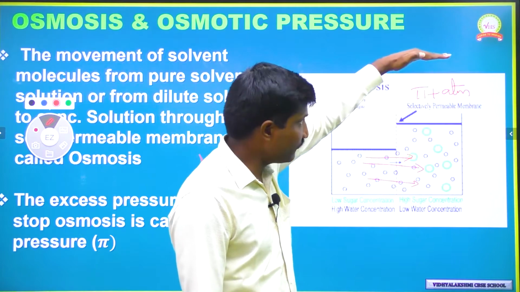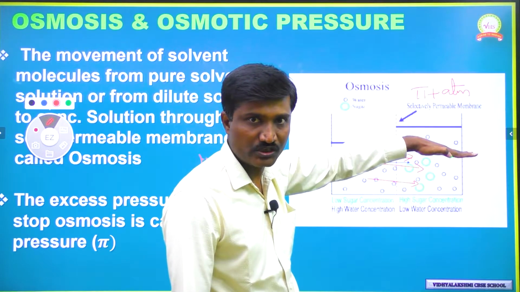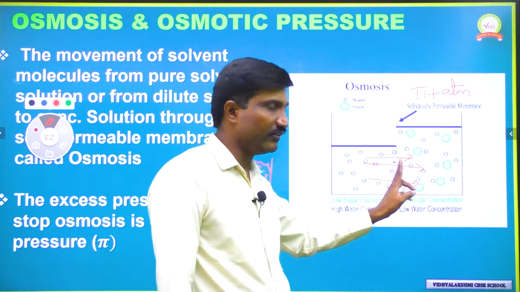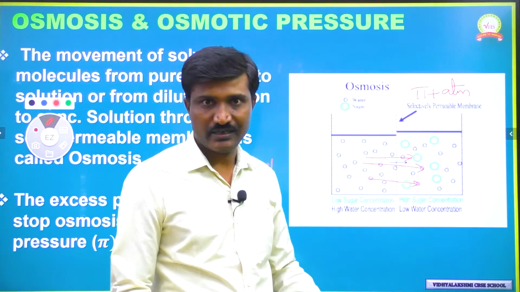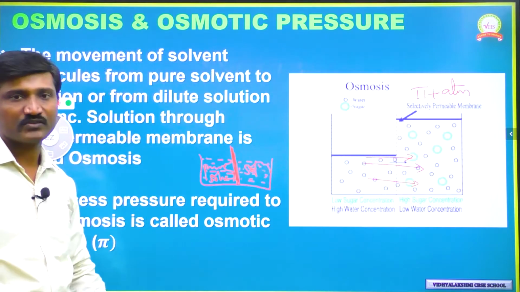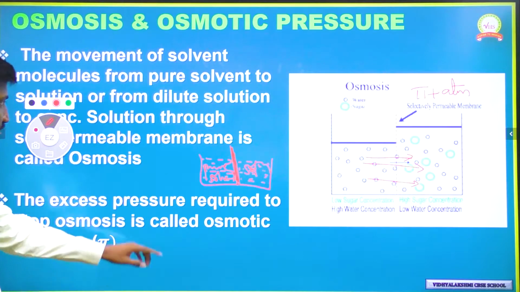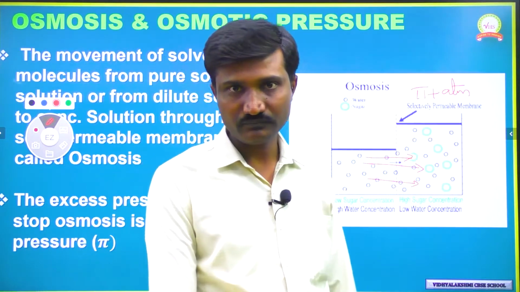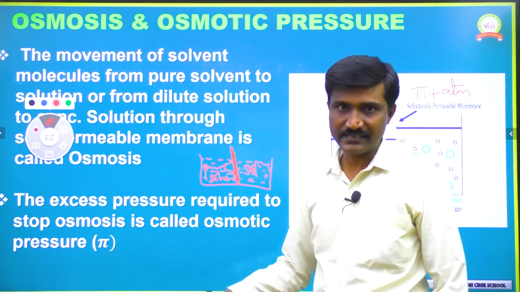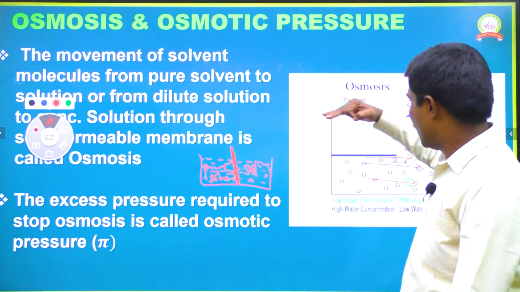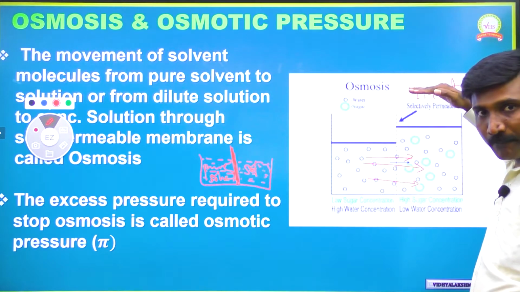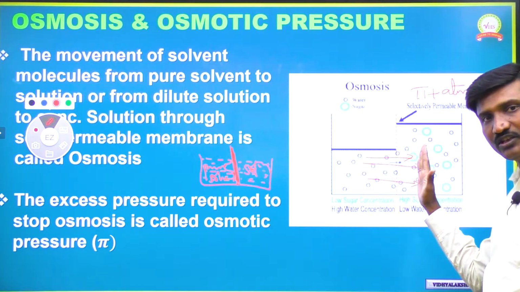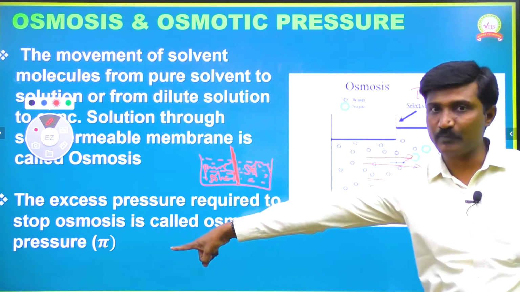If we apply excess pressure on the solution, then the passage of solvent molecules from the pure solvent to the solution is prevented. That excess pressure we call osmotic pressure, and we represent it with the symbol pi. The pressure we have to apply to stop the solvent molecules moving from the pure solvent to the solution is called pi.